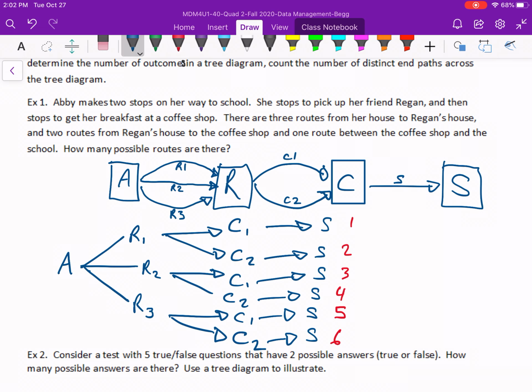So tree diagrams can help us see that. However, we could also see that if there were 3 ways to get from Abby's to Reagan's and 2 ways to get from Reagan's to the coffee shop, 3 times 2 is 6, times the 1 way to get to school, that would also tell us our 6 routes.